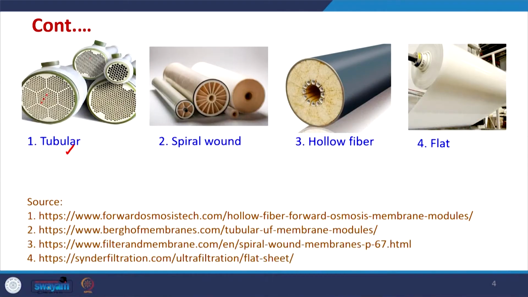We have different configurations; you can see how the pores are oriented within these modules. Similarly, spiral wound membranes are there, then the hollow fiber ones, and then the flat ones are also there. So, different types of modules are possible with respect to membranes.